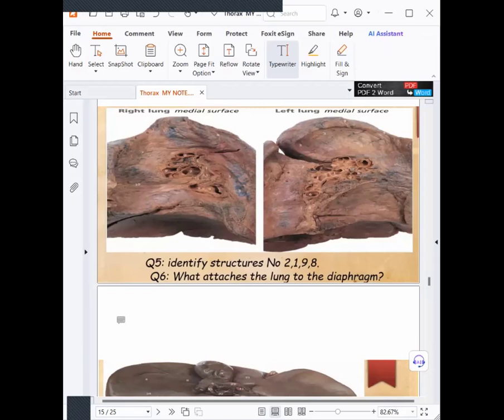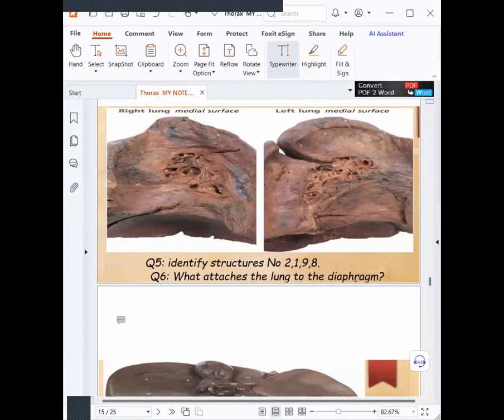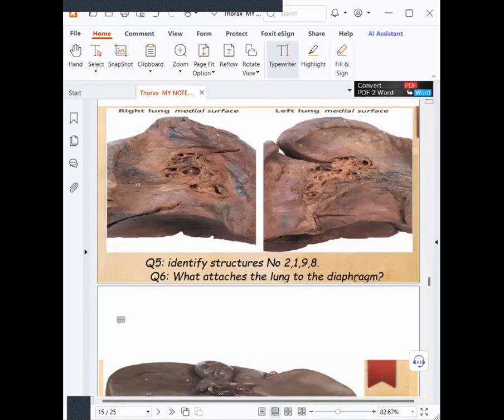Number 9, these are the branches of the pulmonary vein, tributaries of the pulmonary vein. And number 8 is in the left lung, which is the pulmonary ligament. What attaches the lung to the diaphragm? Pulmonary ligament.